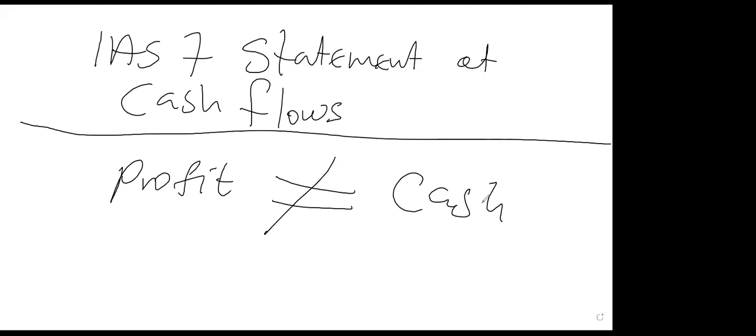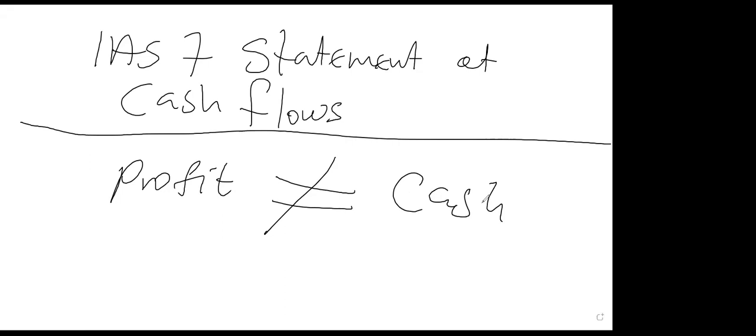So your profit will not necessarily be equal to cash. To explain the difference, to reconcile this, to bring profit and cash to an agreement, we need a statement that will help us. And that statement is called the cash flow statement, or statement of cash flows.